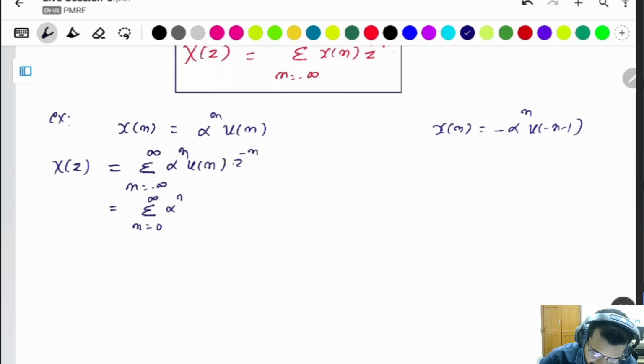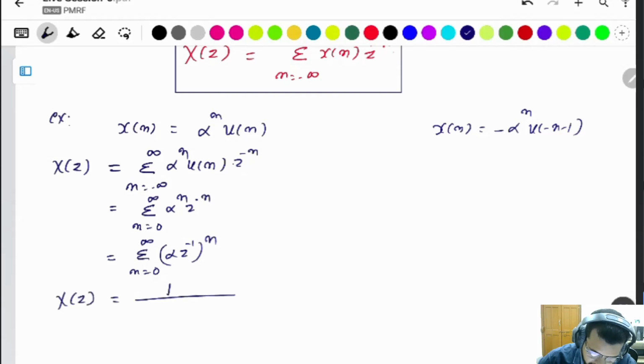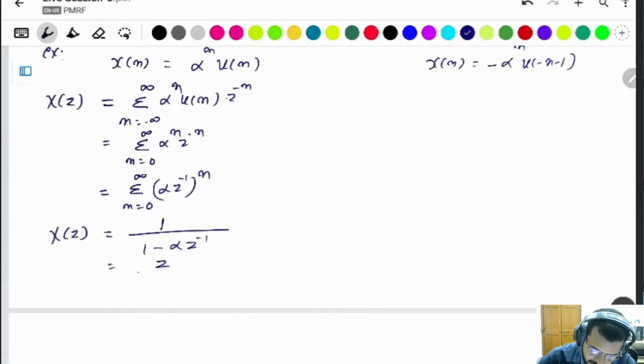This will be alpha power n z power minus n. In this form, it is the summation from n equal to 0 to infinity of (alpha z inverse) to the power n, and the Z transform of this will be 1 divided by 1 minus alpha z inverse, or you can say z divided by z minus alpha.